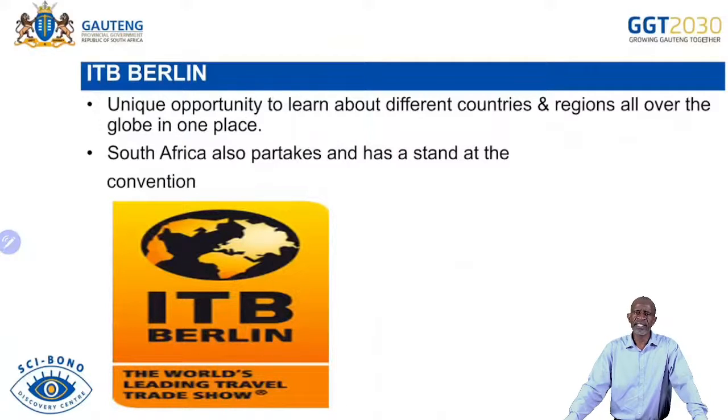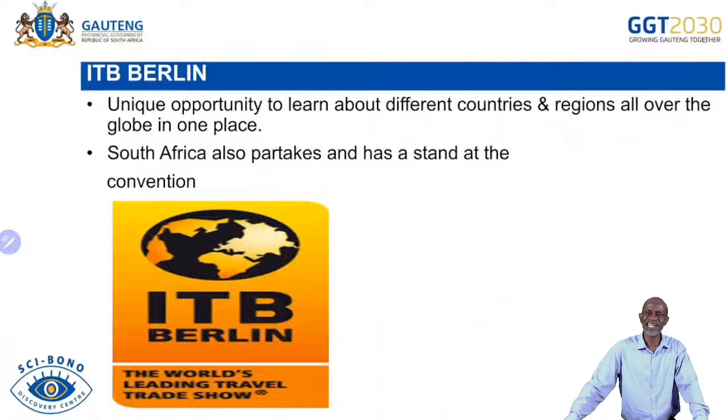So it is an opportunity for us to also learn, not only to advertise, but also to learn how to improve and meet world standards. ITB Berlin presents us with that kind of opportunity.